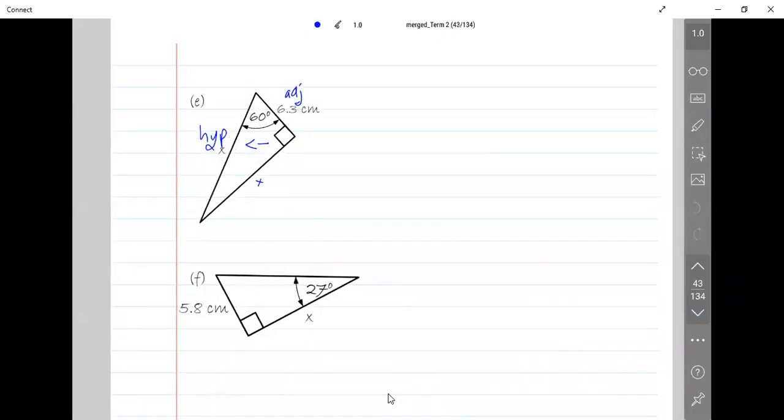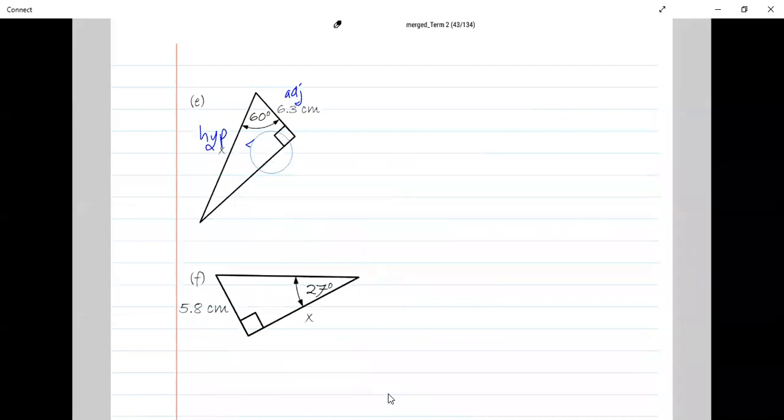Then we're going to ask ourselves which ratio includes adjacent and hypotenuse. The answer there is cosine. So I'm going to say cos is equal to adjacent over hypotenuse.